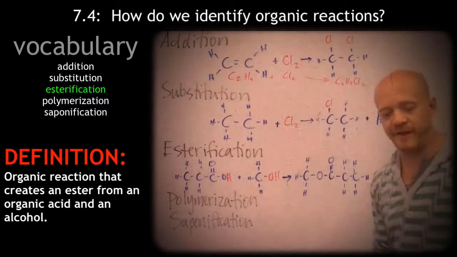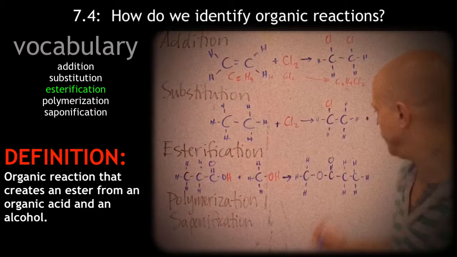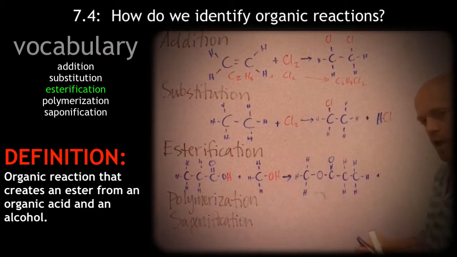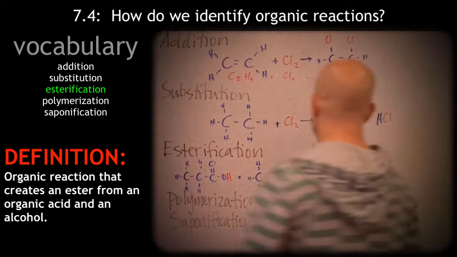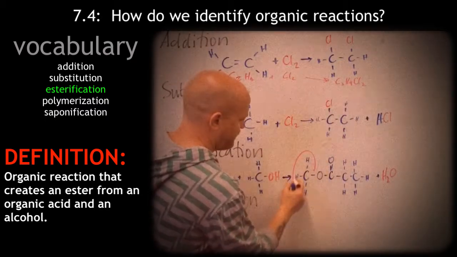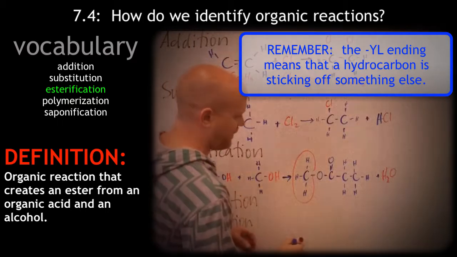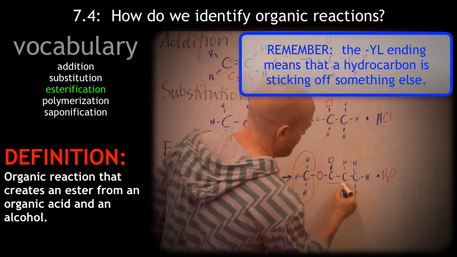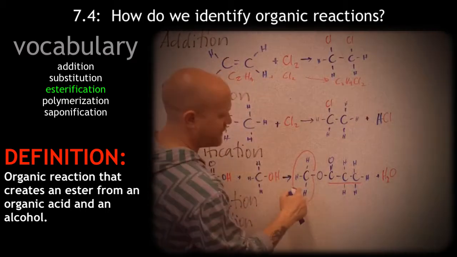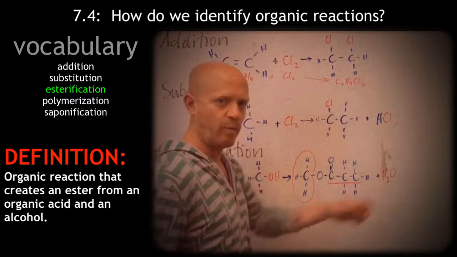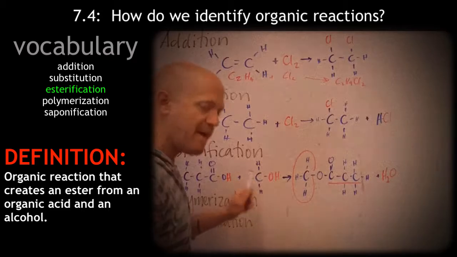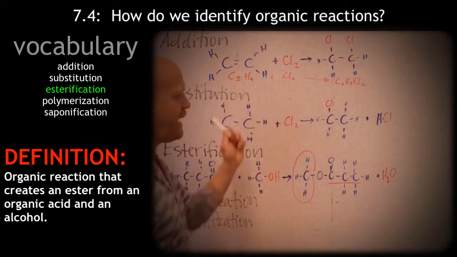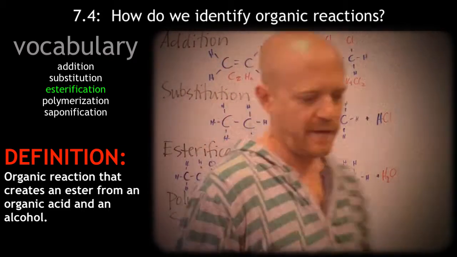And again, just to refresh, we also have water left over. This is a methyl group, so this is methyl, and this is prop because there's 3. So it's methyl propanoate and water. Methanol and propanoic acid makes methyl propanoate.